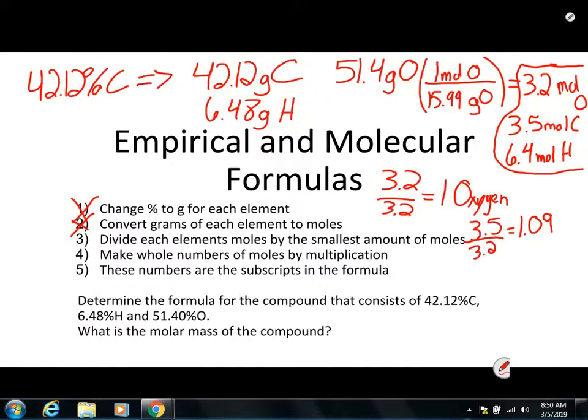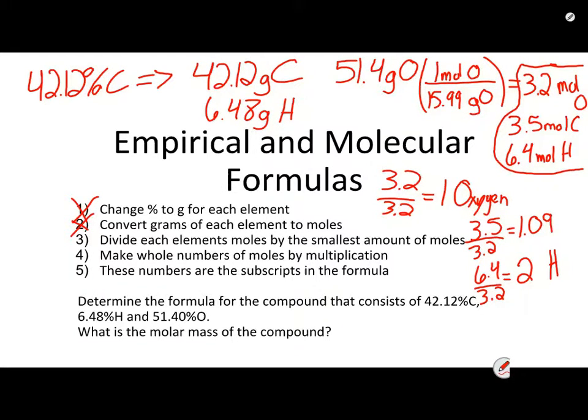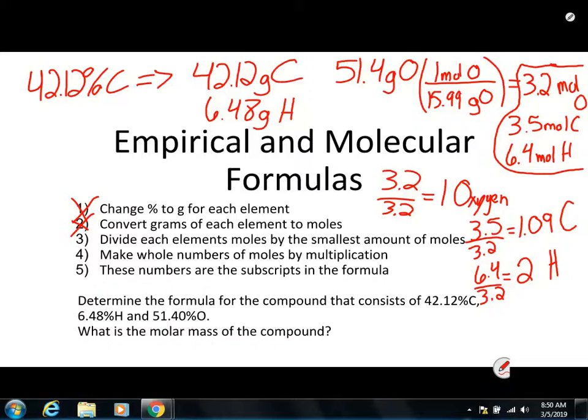And then I'm going to take 6.4 divided by 3.2, and I'm going to get 2. So 2 hydrogens, 1.09 carbons. So step 3 is done.